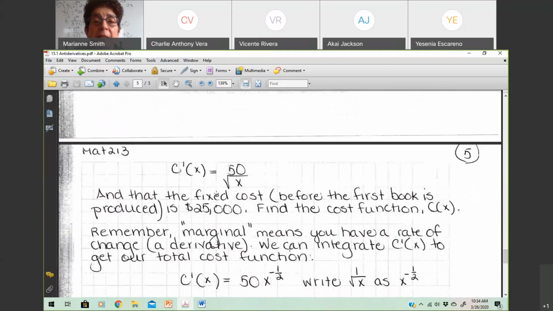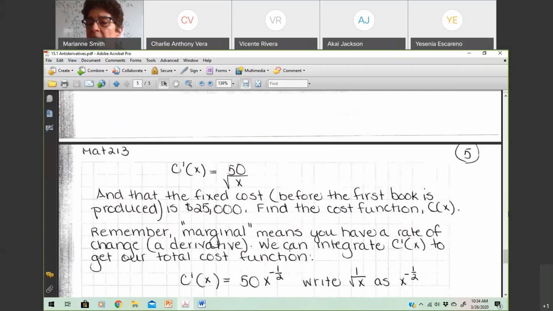So it's the value of C of X when X is 0. This is important. This is going to help us figure out what the integration constant is later on. But again, it's important to realize this is a cost value, C of X, not C prime, C of X, and it's the cost value when X is 0.